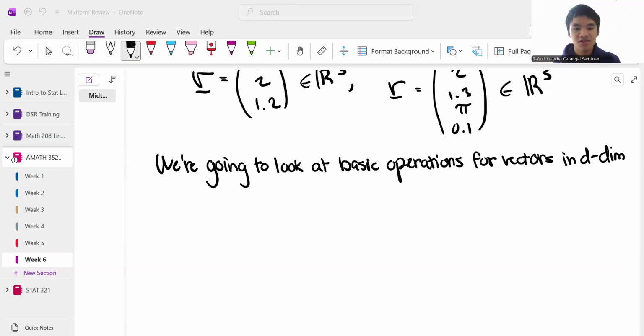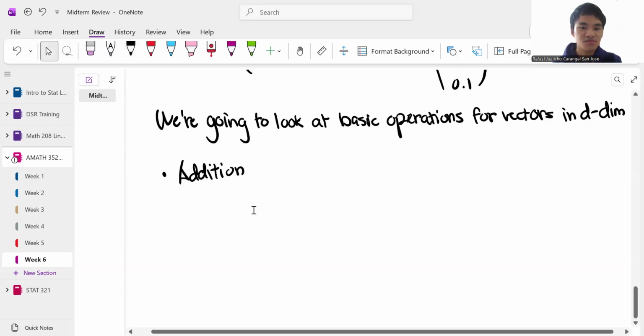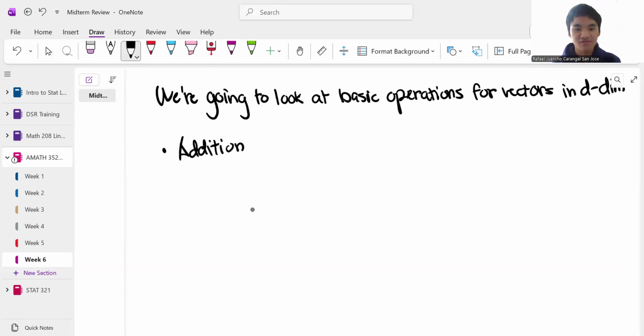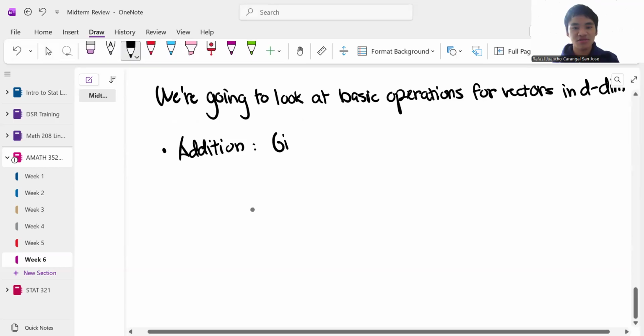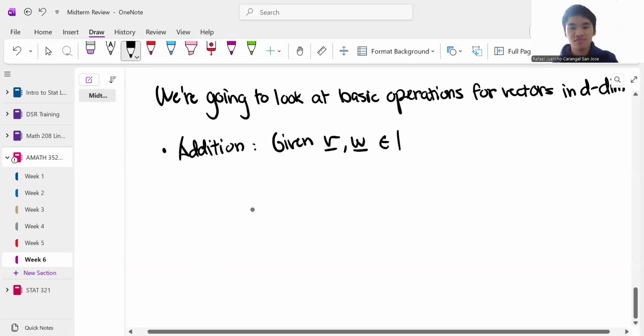So for instance, we can do, from elementary school or childhood, addition. We all know what addition is, right? So given v and w vectors, and let's say they're both d dimensions, so they both have the same number of components.